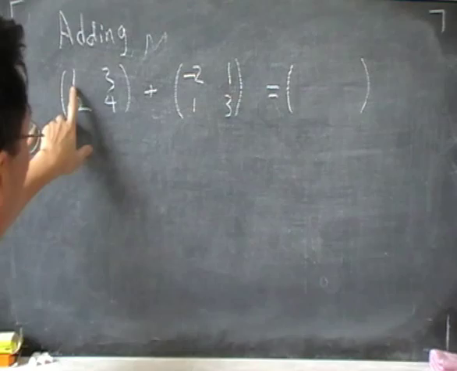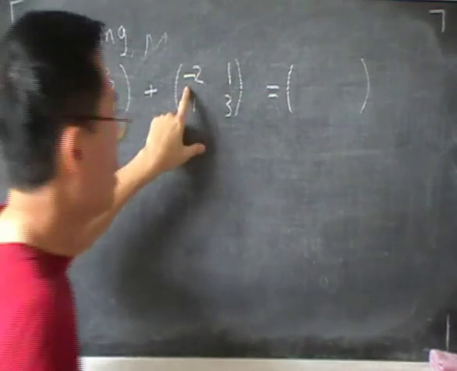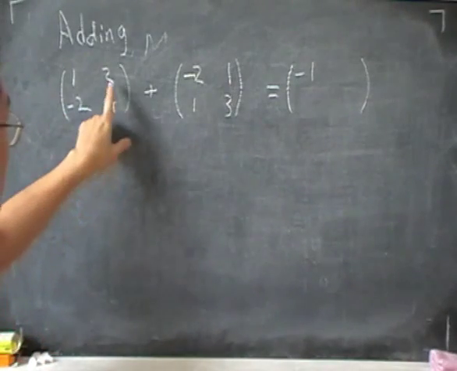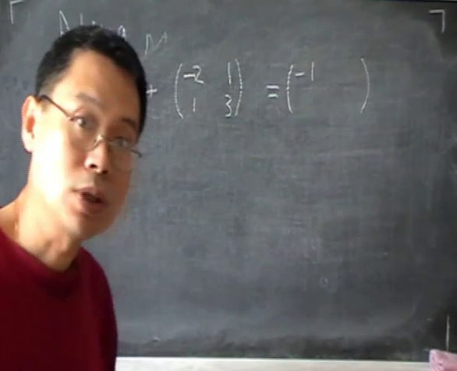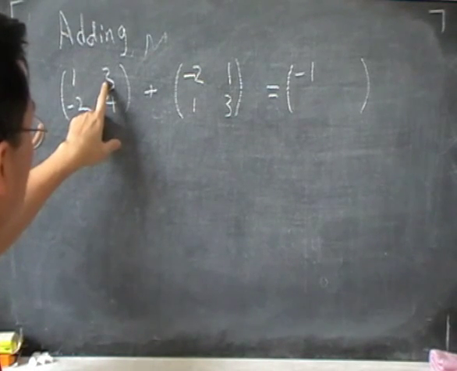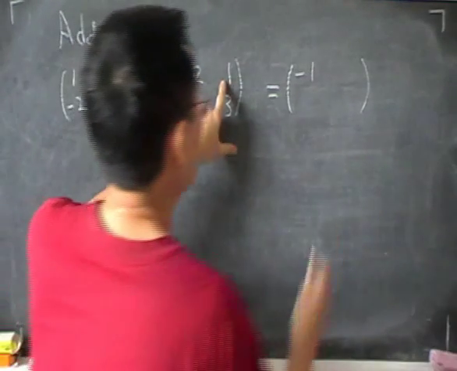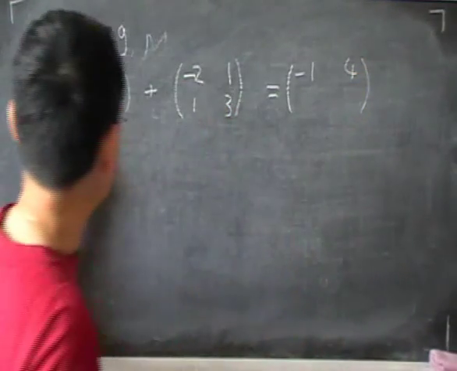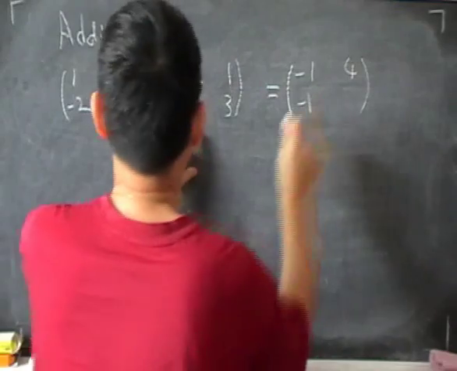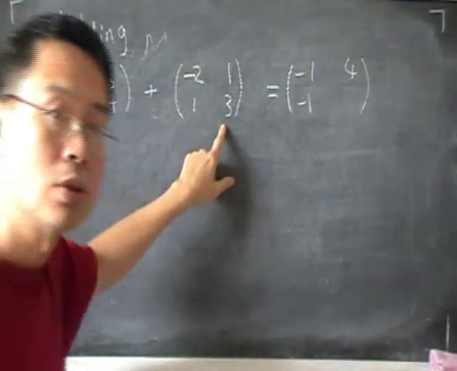Alright, so in this case I would add 1 to -2 and I'll get -1. Right, and I simply do it for each and every one of the numbers. So I would add 3 to 1, I would add -2 to -1, and 4 to 3.